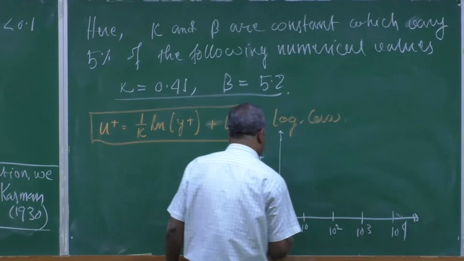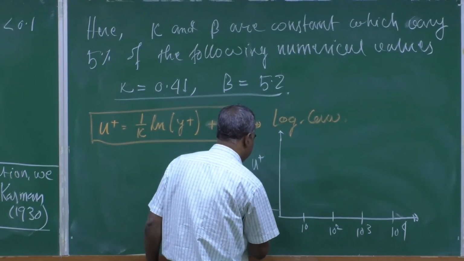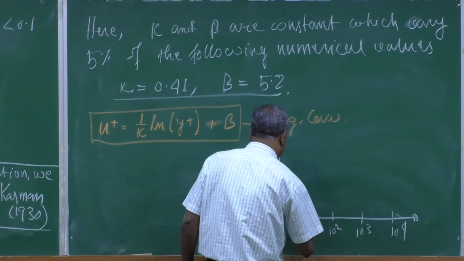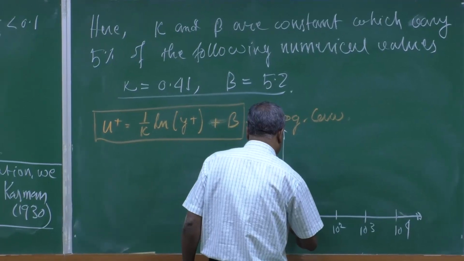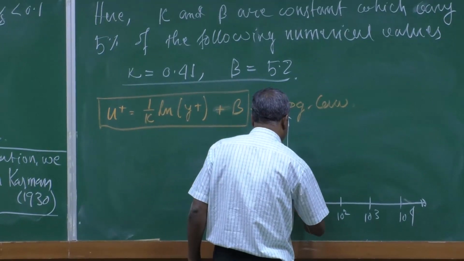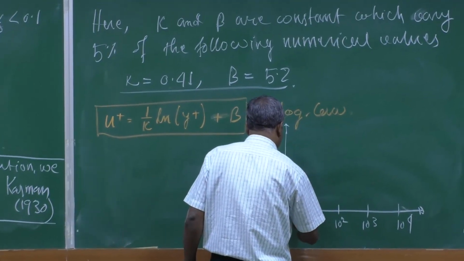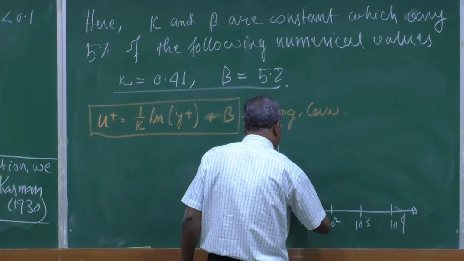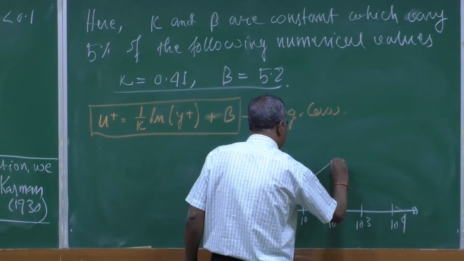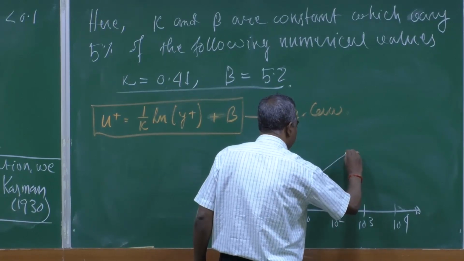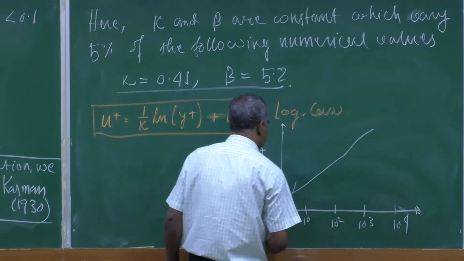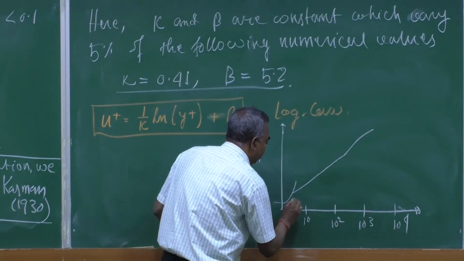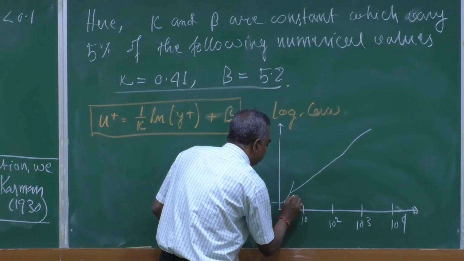Essentially this is, let us say, 1. So, this is in log scale. The log law varies like this, and if you put your measurement data here, then it comes like that.